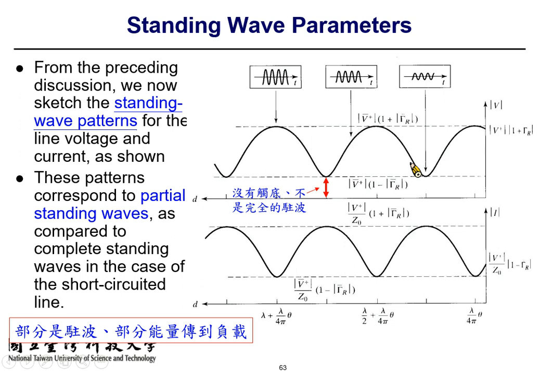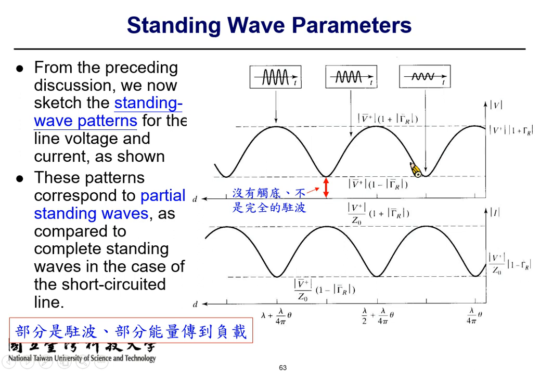So what is the optimal case? What is the perfect case? The perfect case will be that there is no standing wave. V minus is 0 all the time, everywhere. Then, what is the standing wave ratio of a matched termination? V minus will be 0, V plus is 1, and the minimum voltage observed for the total voltage will be the same as the maximum voltage.